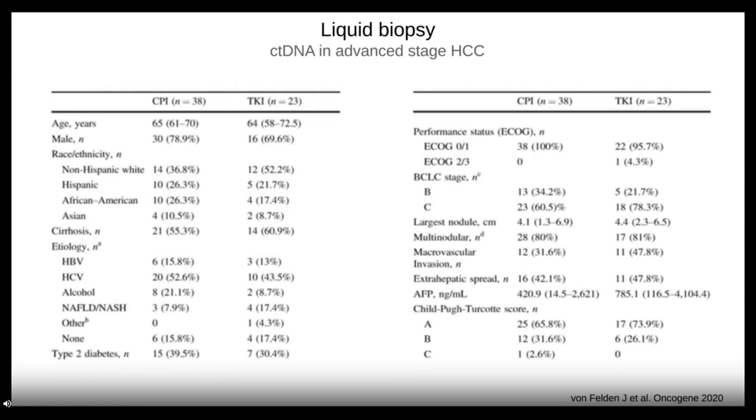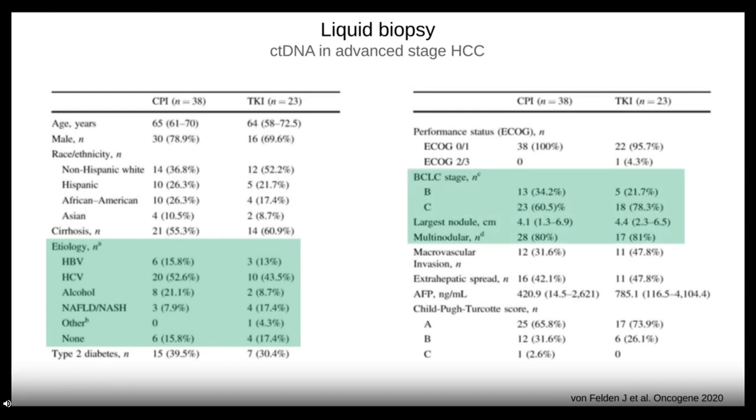Things to highlight are that the etiology of the liver disease was mostly hepatitis C virus infection, and they were evenly distributed between both cohorts, with probably a little bit more alcohol-related HCC in the ones that received nivolumab. The majority, as mentioned before, were patients with advanced HCC. They had multinodal disease in 80% of the cases.